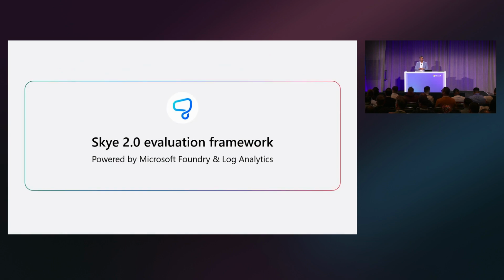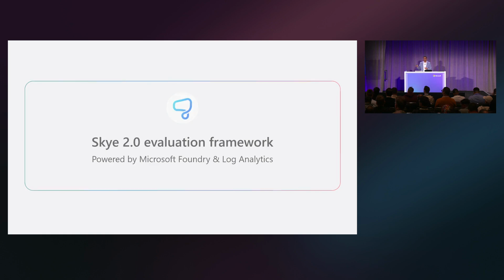And that's what led us to creating this evaluation framework for Sky 2.0, which we created using Microsoft Foundry and log analytics. And think about it, this has two parts to it. The first one is, what do we get out of the box from Microsoft Foundry? And second, we had to build our own custom evaluators to supplement our use cases and the need for how we measure or evaluate our AI.